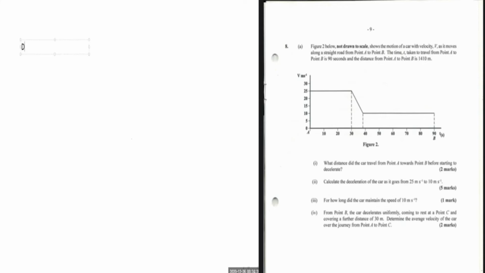Remember, on a velocity time graph, distance is equal to the area under the graph. Area under the graph, that's how we find distance. So this is part one, of course. The distance, let's call it S, is equal to length times width, because that's a rectangle.